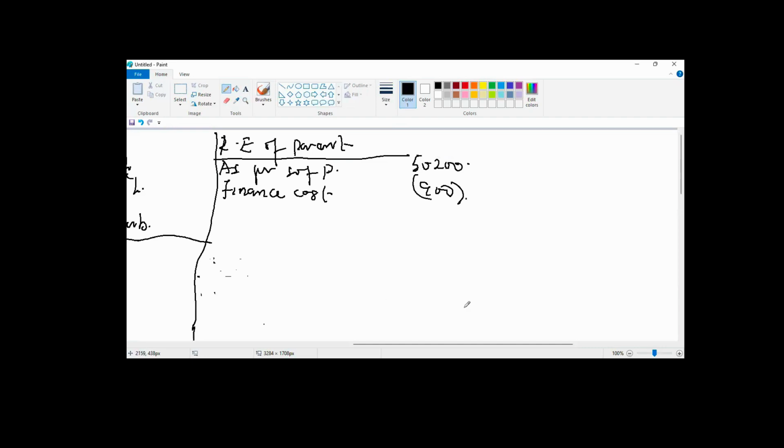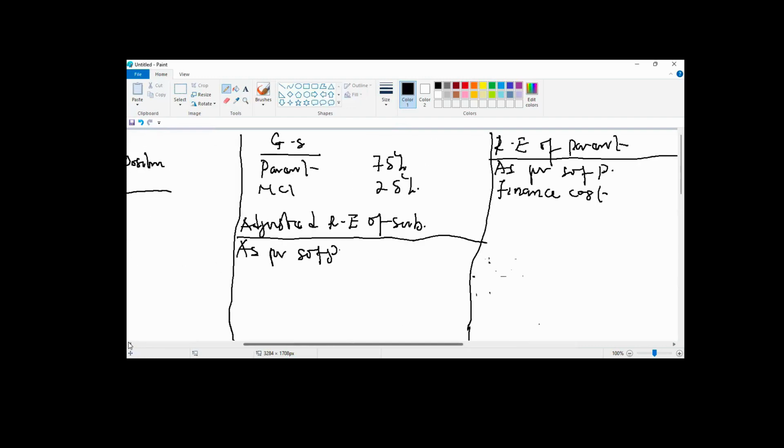Then for this subsidiary, 10,000 plus 14, 24,000. That's all. That's the statement, that's what is in the account. They just split it. If they don't split it, this is what they will give you, just to confuse.